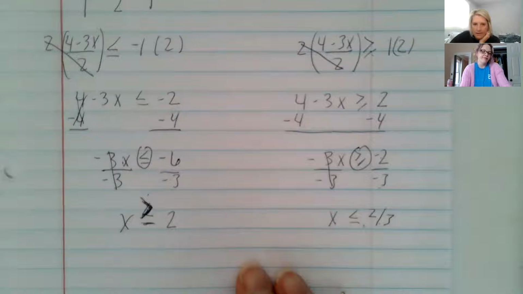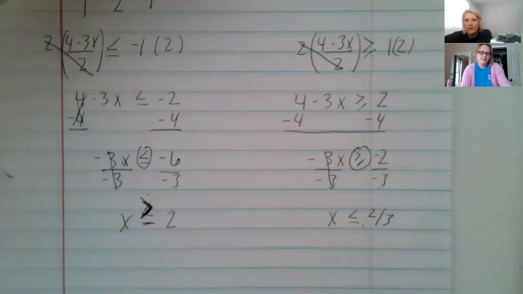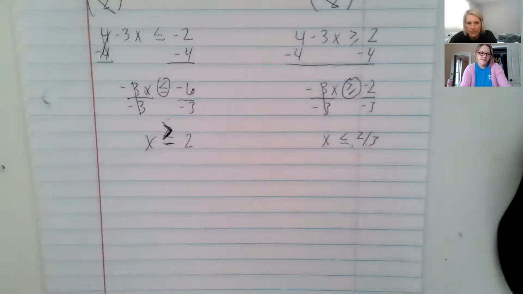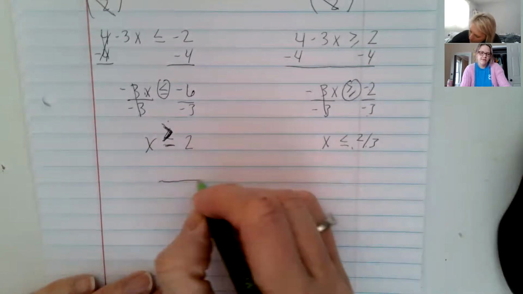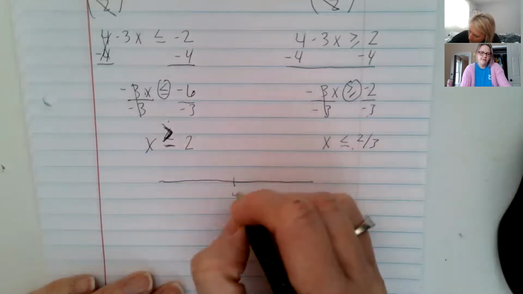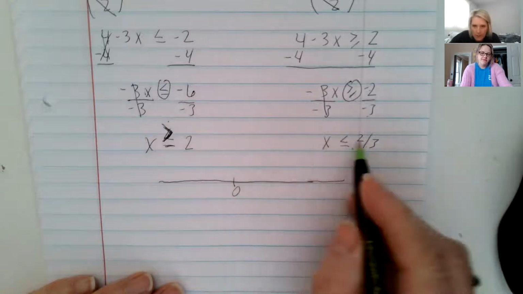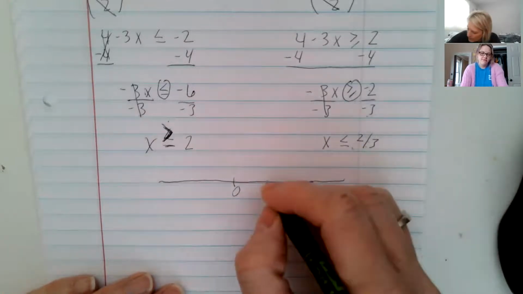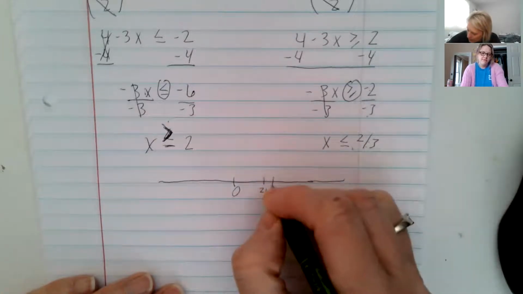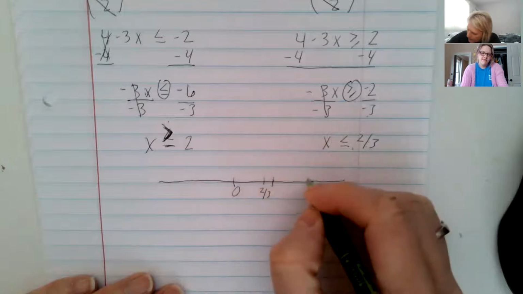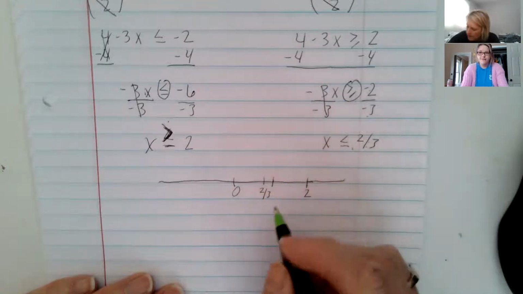They didn't ask us to do the number line or the interval, but let's just do that so we're continuing to get practice giving our answers that way. I'll do the number line. There's my 0. Both of my boundaries are above 0, right? So I have a 2/3. That's going to be closer to 1. And then I have a 2.